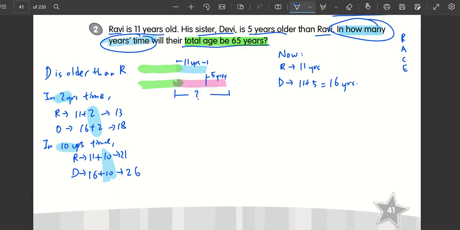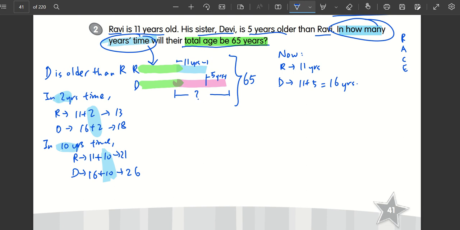Now you know bar models are important because they can represent some amount without really knowing how much that amount is. So you have this green bar. That means in how many years' time, the total age will be a total of 65 years. Added together.